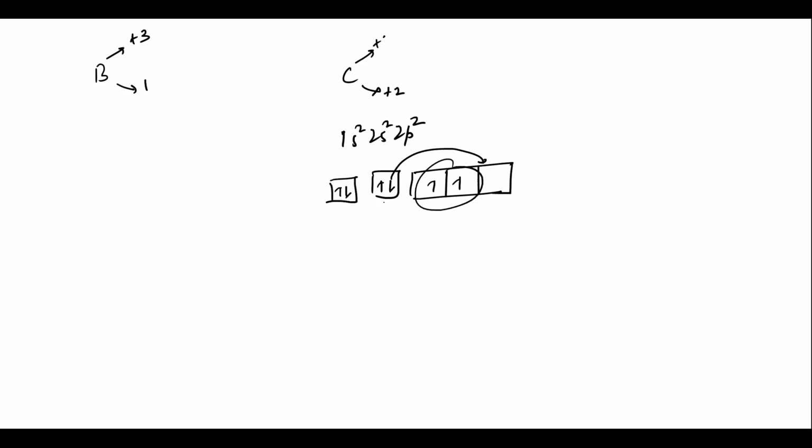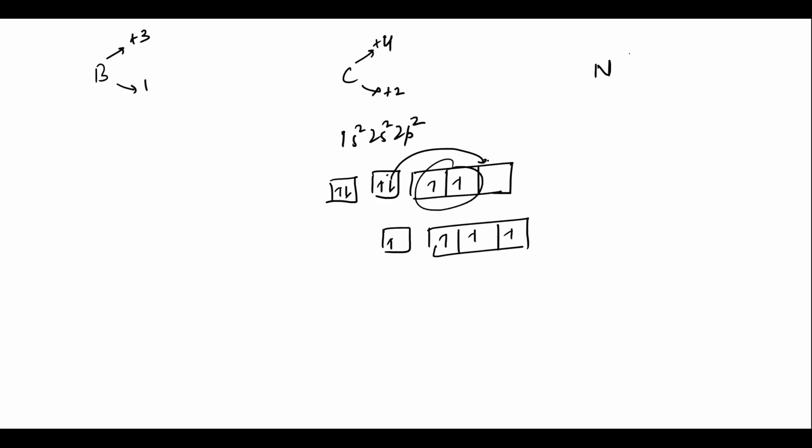But if an electron from 2s goes to the p orbital, then there will be 4 unpaired electrons. So in the excited state, it is going to have +4. Okay, you understood this one?